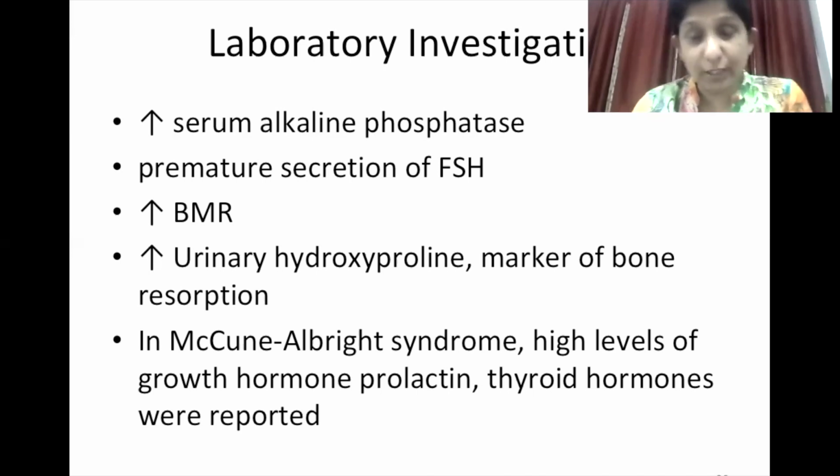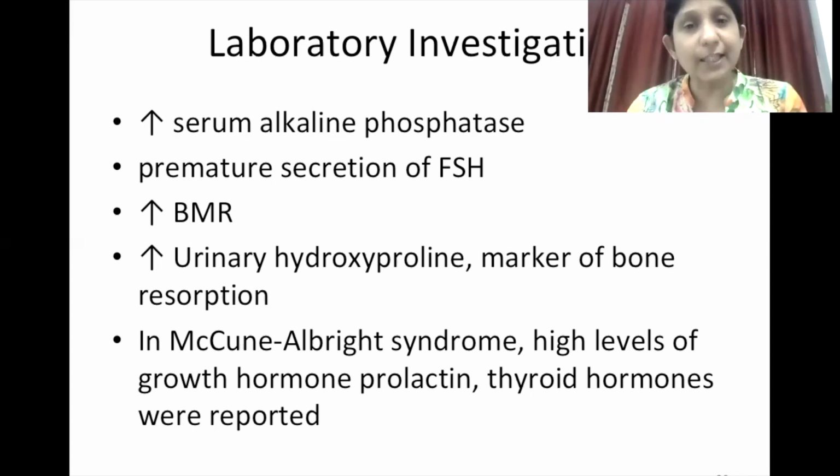Now, there is premature secretion of follicle stimulating hormone in females, FSH. So as I said, it can cause endocrine abnormalities. And the patient will have high BMR, that is your basal metabolic rate, then increased amounts of urinary hydroxyproline, which is a marker of bone resorption.